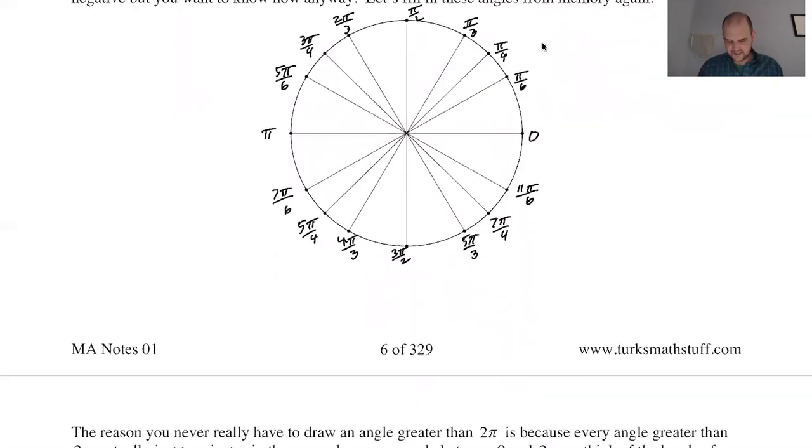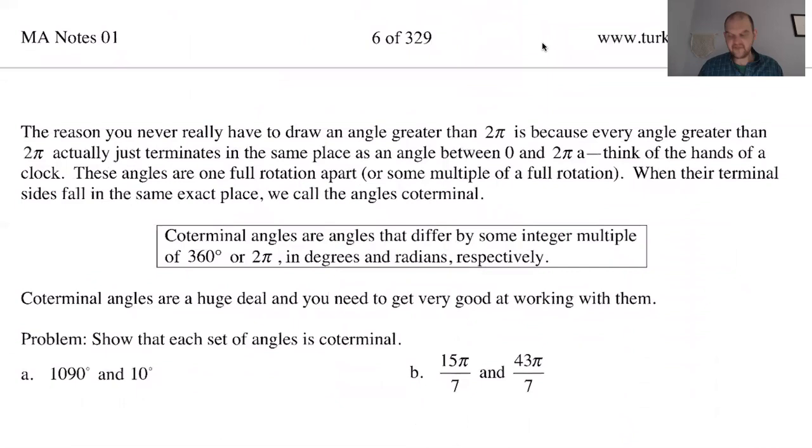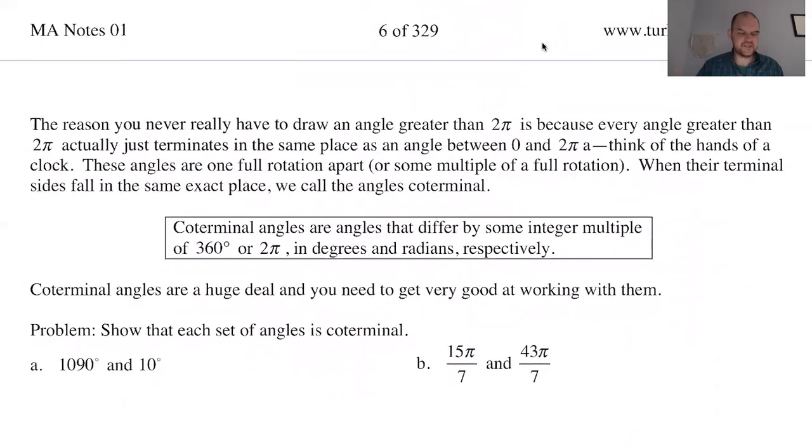The reason for that is that every angle bigger than 360 degrees or bigger than 2 pi is just going to be coterminal. It ends in the same place as an angle that's between 0 and 2 pi, or 0 and 360, depending on what you're working with. So coterminal angles save us from having to deal with angles that are bigger than 360 or 2 pi.